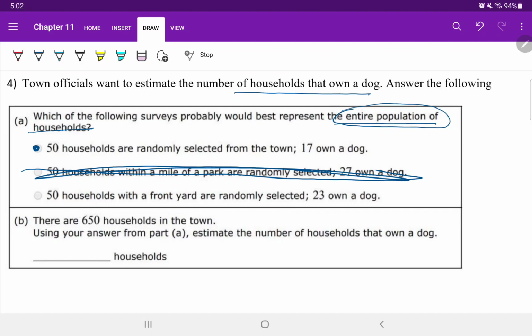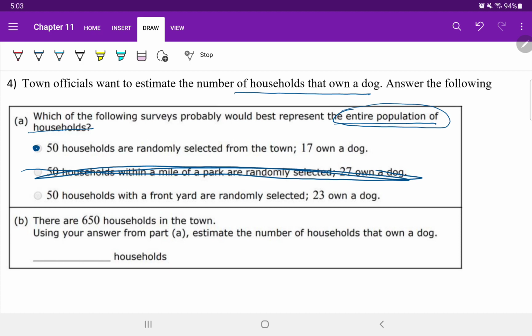And the same problem comes with the third one. 50 households with a front yard are randomly selected. Well, we know that there are other types of living than having a house with a front yard. Some houses are brownstone houses where there is no front yard. Some people live in apartments where there's no front yard.